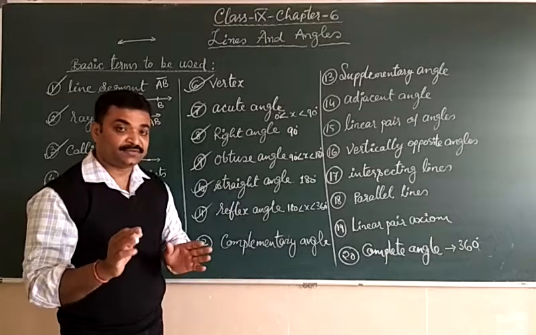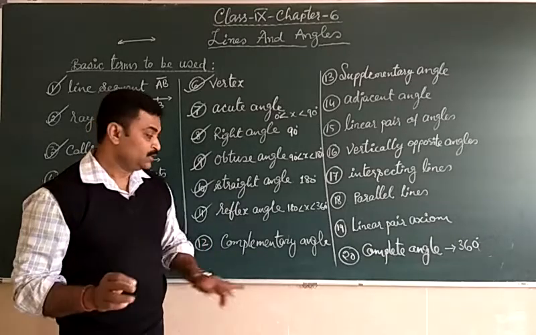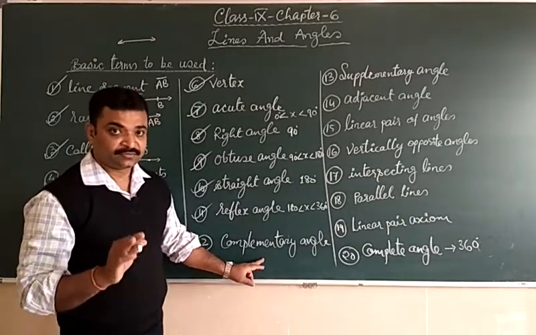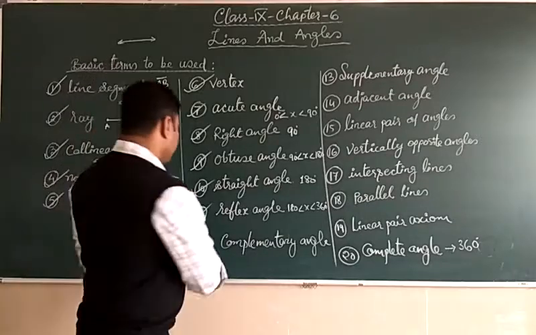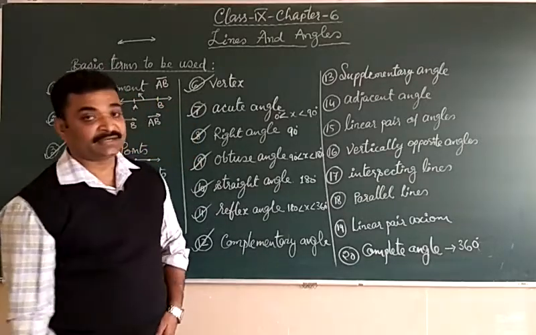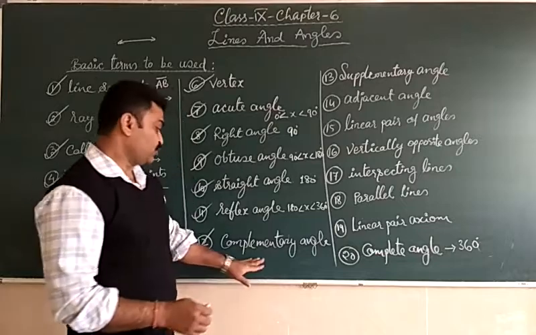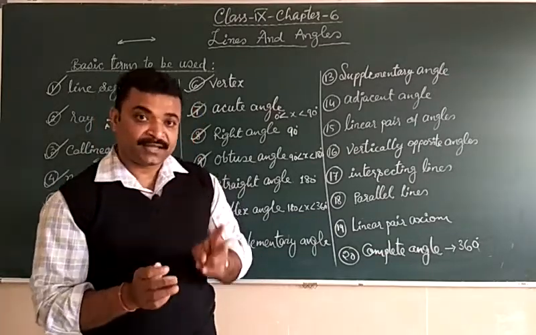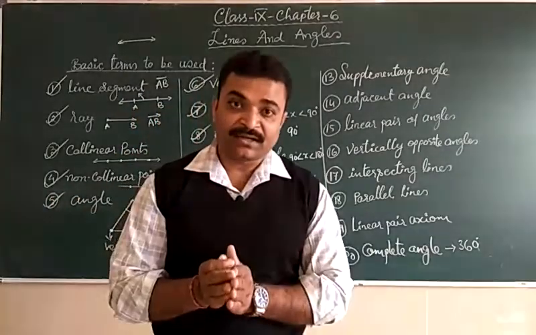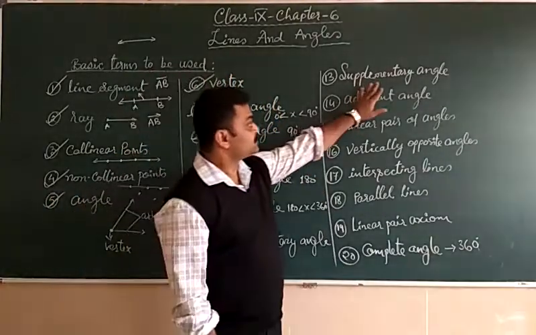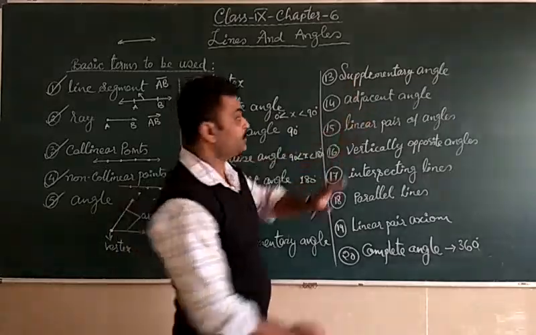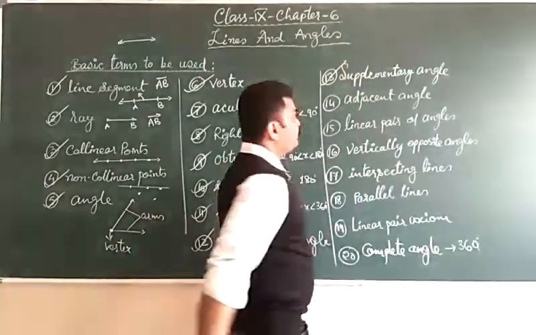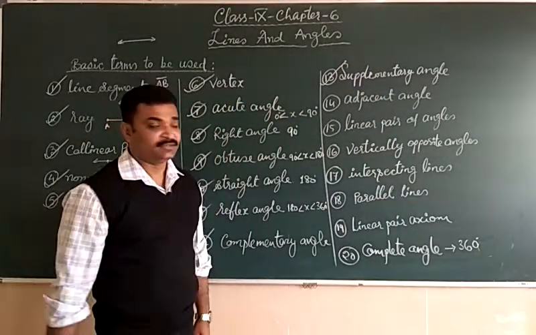Then supplementary angles. What are supplementary angles? Similarly, if the sum of two angles is equal to 180 degrees, then the angles are called supplementary angles.